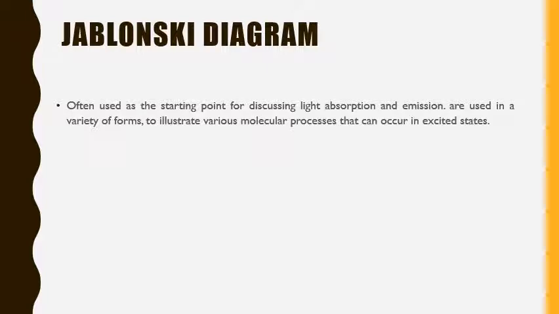Jablonski diagrams are often used as a starting point for discussing light absorption and emission, and are used in a variety of forms to illustrate various molecular processes that occur in excited states.